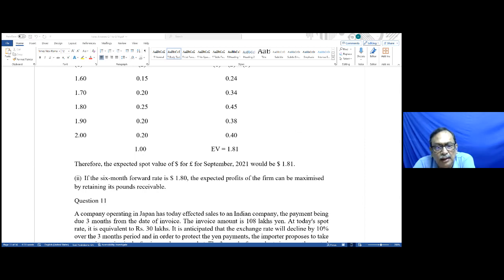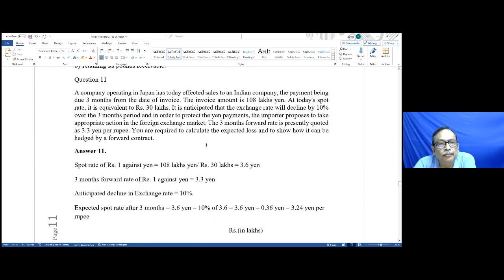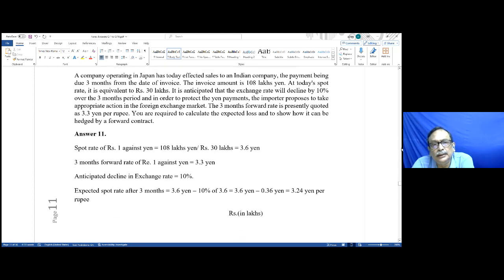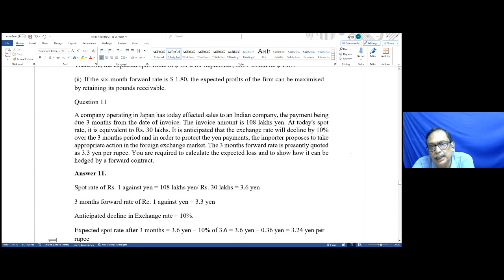Now we are coming to our next part. A company operating in Japan has today effected sales to an Indian company, the payment being due 3 months from the date of invoice. The invoice is 108 lakhs yen. At today's spot rate, it is equivalent to rupees 30 lakhs.